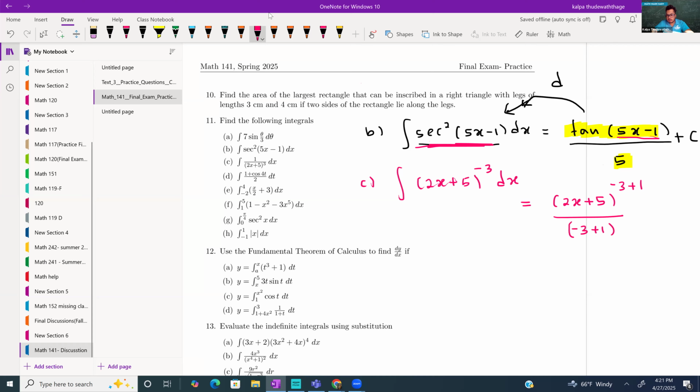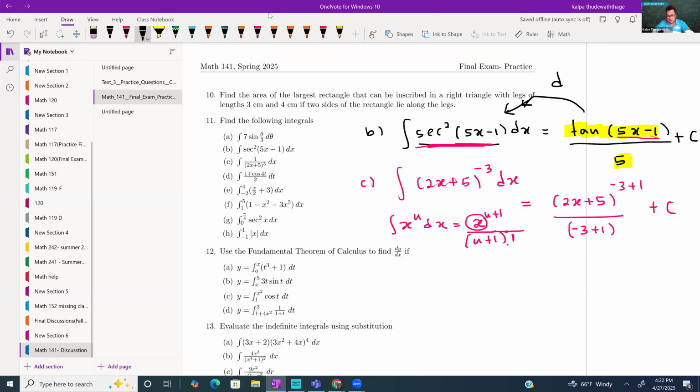But the problem is, if you have just x to the power n, you would do x to the power n plus 1 over n plus 1. But normally you have to divide everything also by the derivative of x. The derivative of x is just 1, so that's why we don't include that one. But here we must include that.